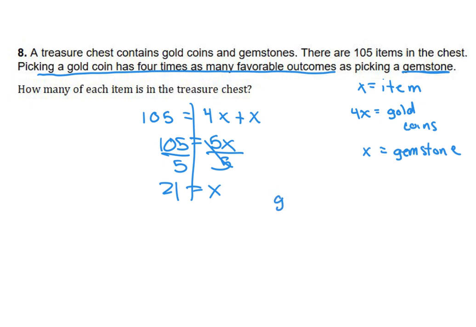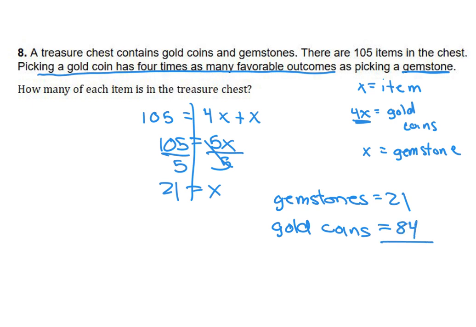So gemstones would be 21. Gold coins is 4x, so 4 times 21 is 84, and 21 plus 84 is 105. So we'd have 21 gemstones and 84 gold coins.